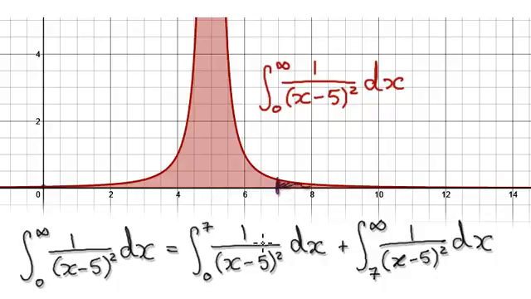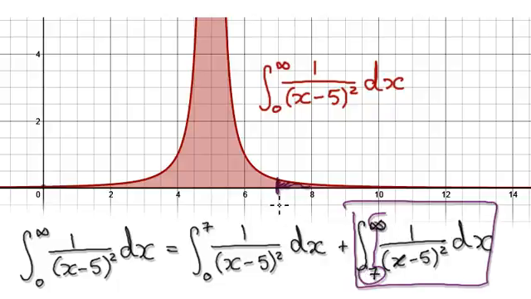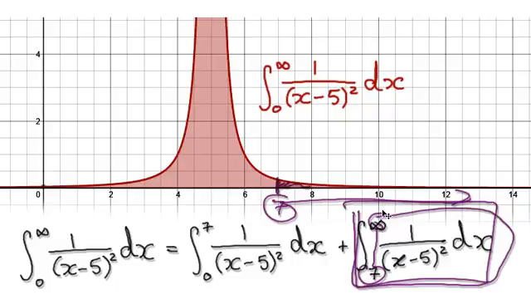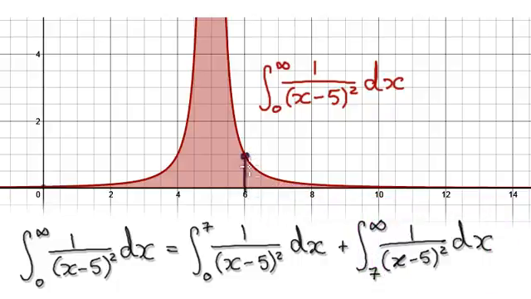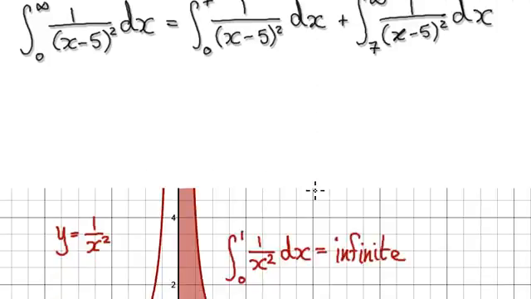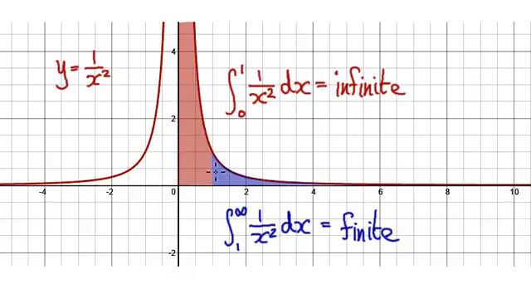So from 7 all the way to infinity, we know that this is going to converge, because we've already established that this thing is going to converge.